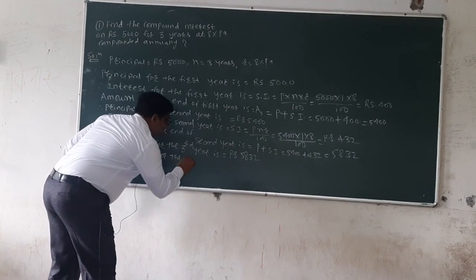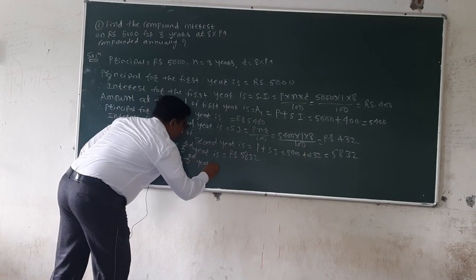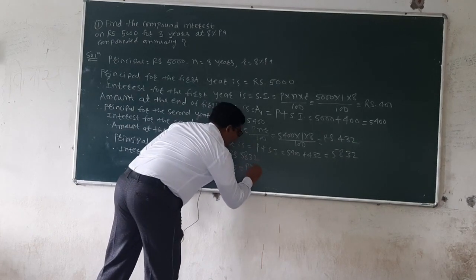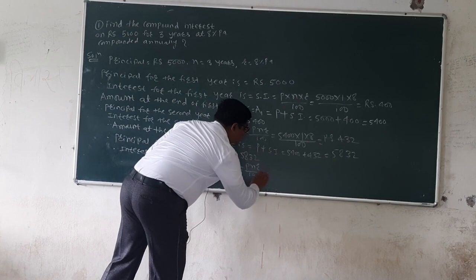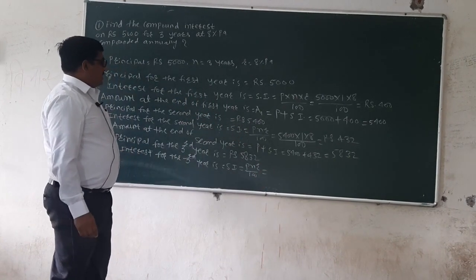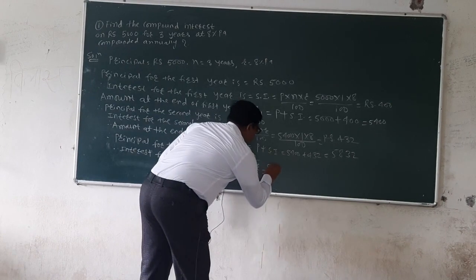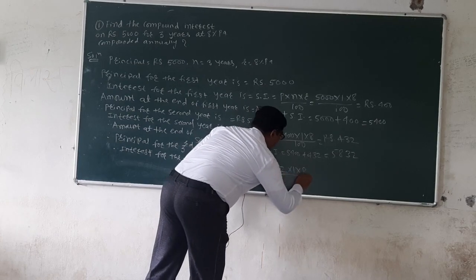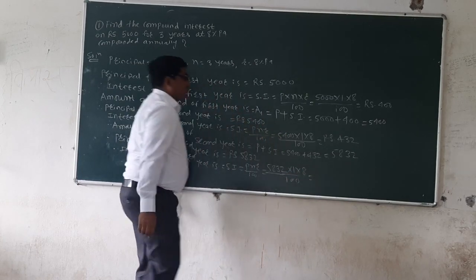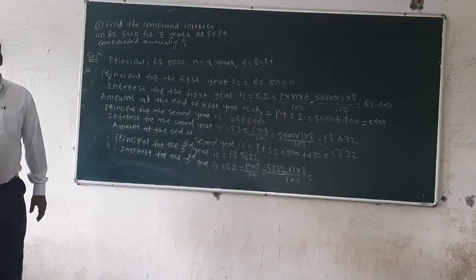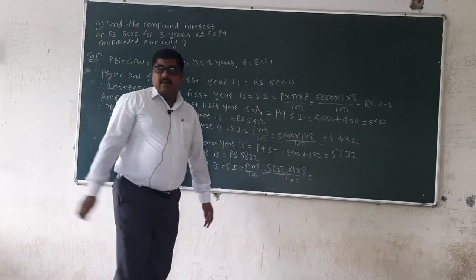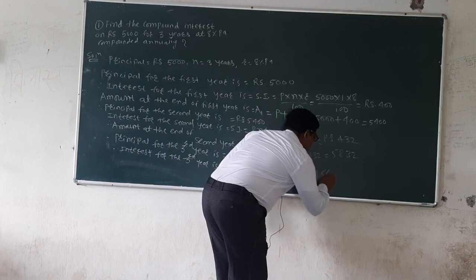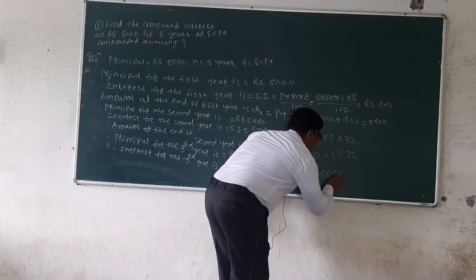Now interest for the third year is simple interest equal to PNR upon 100. Principal is 5,832, N is 1, R is 8 divided by 100. So the interest is 466.56.